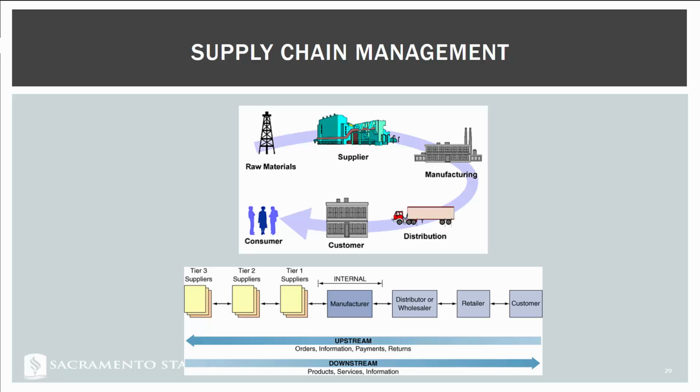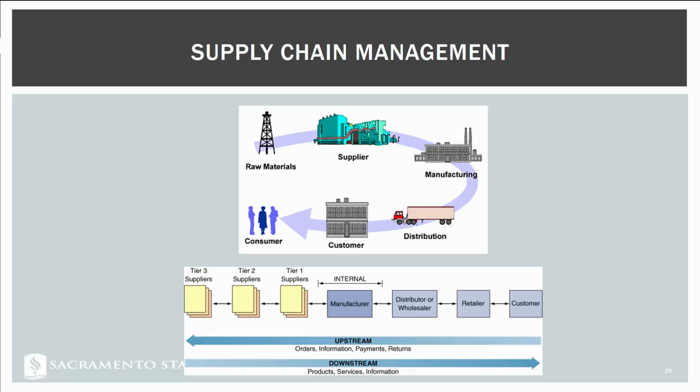That raw material supplier then sends those raw materials to some sort of manufacturing organization where something is created. Once it's created, it is distributed to a distributor, and then that is either delivered to the customer or to another distributor sometimes, and then that particular customer who buys from the manufacturer then sells to the end consumer. That's a very typical supply chain for goods.